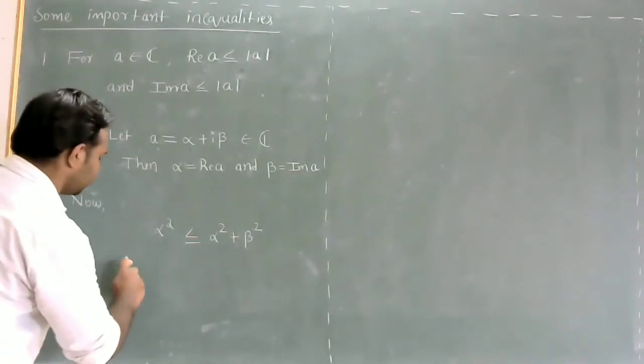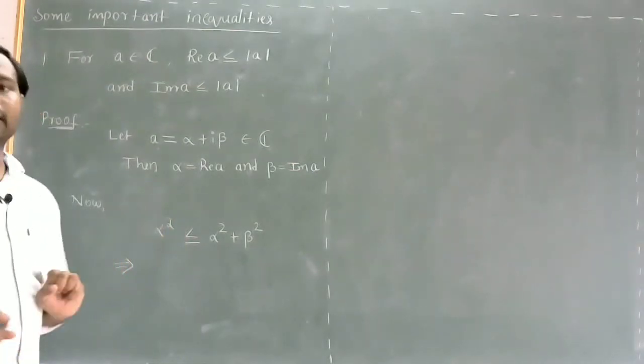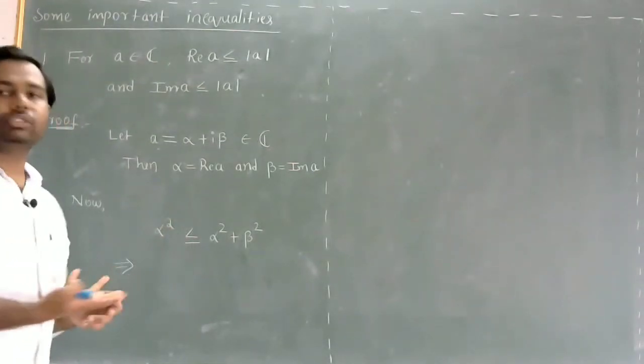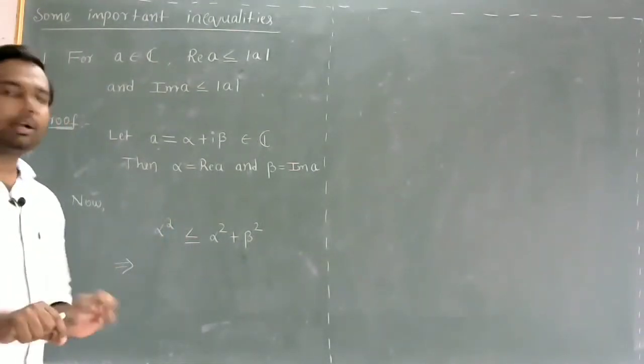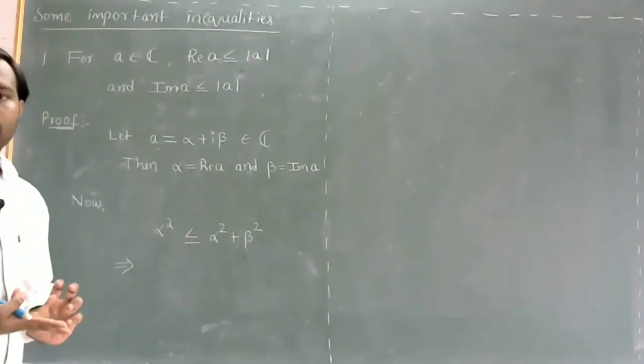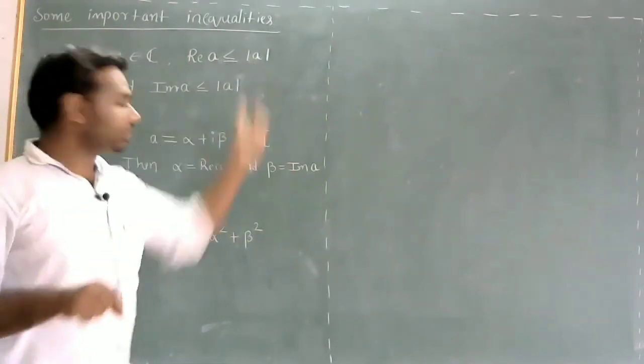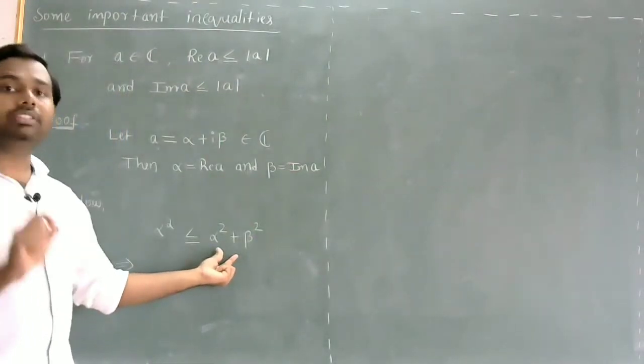Now further, as these two are non-negative real numbers, I can consider their square roots, which will also be real numbers, so the inequality remains the same. So taking square root on both sides. As I need the modulus on the right hand side, I'll consider the positive square root.